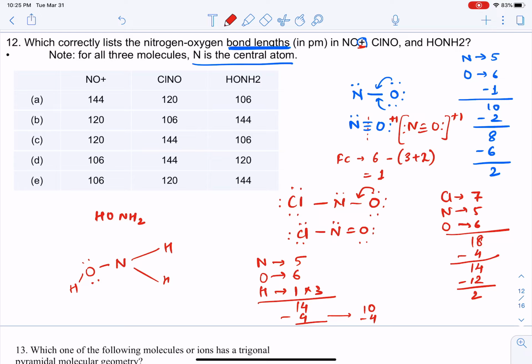Okay, so 4 bonds, but each bond equivalents to 2 electrons, so it's 8, so it's 14 minus 8, that is 6. So 4 electrons to oxygen, so what's remaining is 2, so that will go on nitrogen. Now if you see, nitrogen is fulfilling its octet, oxygen is fulfilling its octet, and it's done.